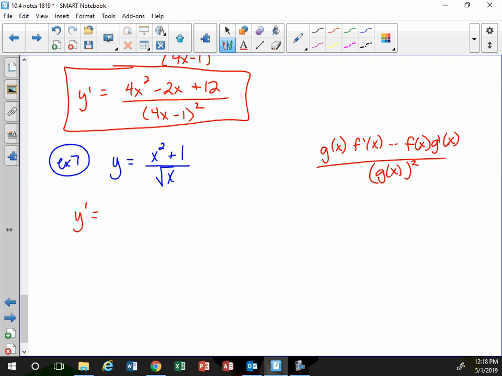The answer is over here just in case you got there. That's the answer. Did you rationalize? What did you have? We have 2x to the 3/2 minus 1/2 x to the negative 1/2 of x.